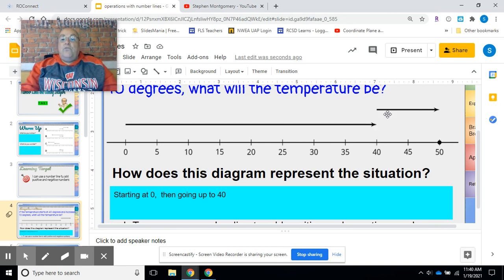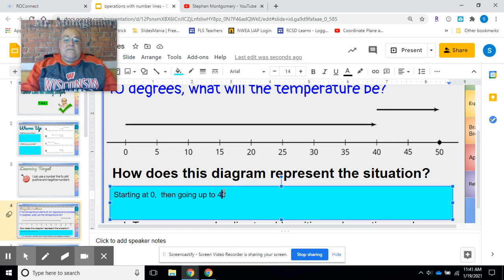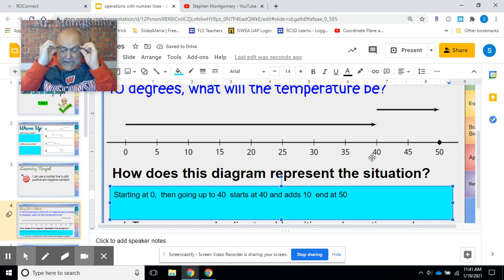So it's going to go from 40 to 50. So the second line starts at 40 and adds 10 to it. And of course, the final ending is 50 degrees, which by common sense makes sense. 40 plus 10 is 50.